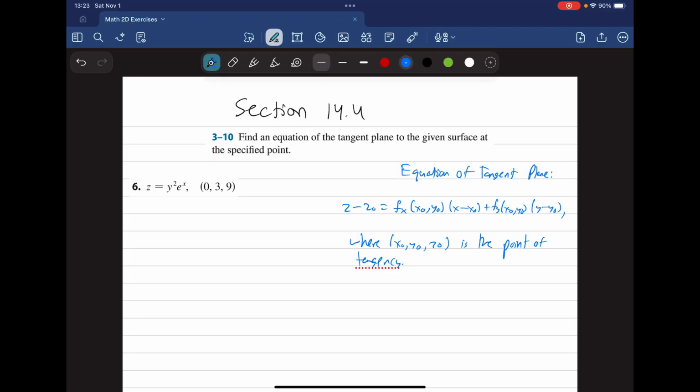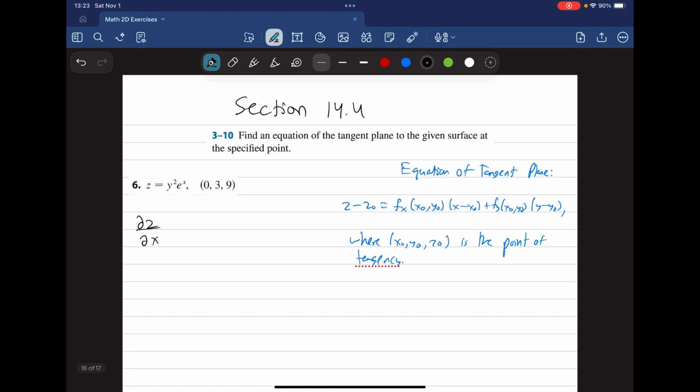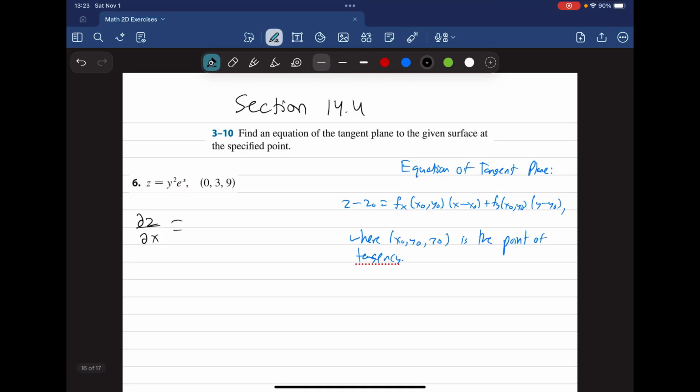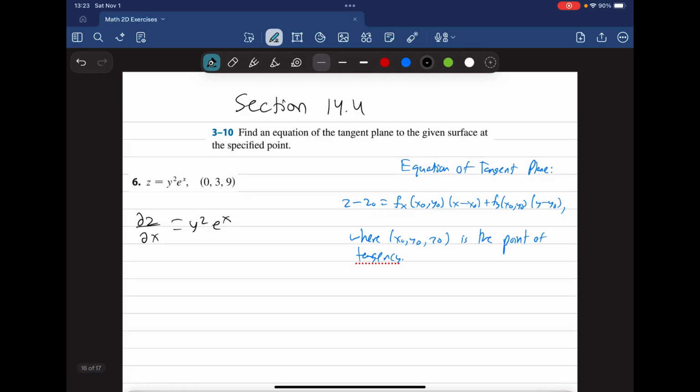So the first thing we need to do, as we can see from this equation, is calculate these partial derivatives. I'm going to denote these with Leibniz notation. First, partial z with respect to x. We hold y constant and differentiate with respect to x. The derivative of e to the x is just e to the x, so this is y squared e to the x.